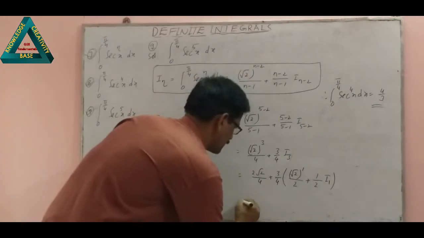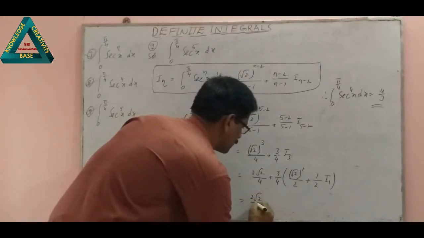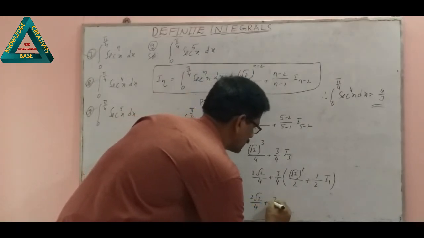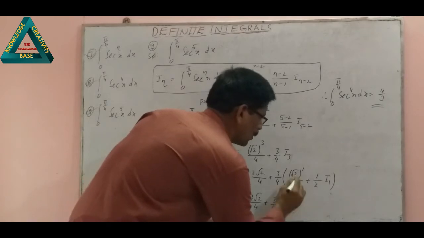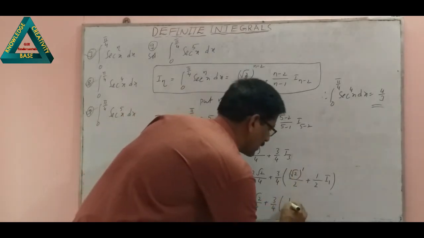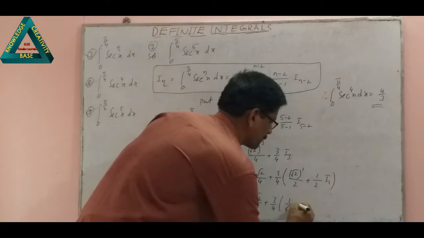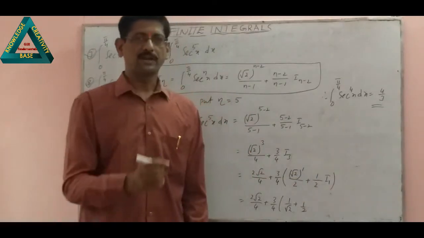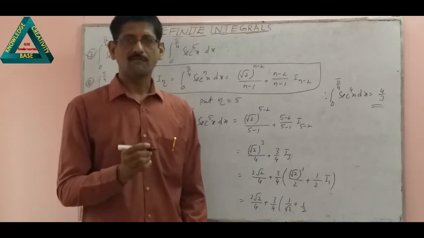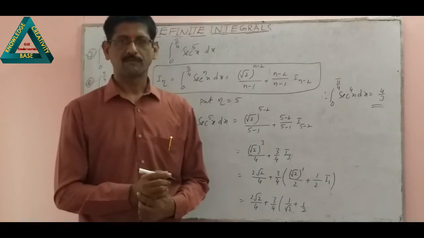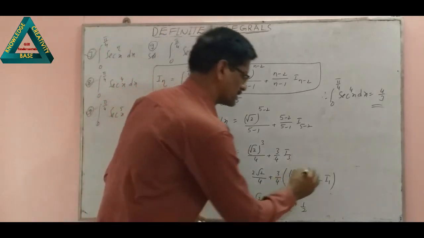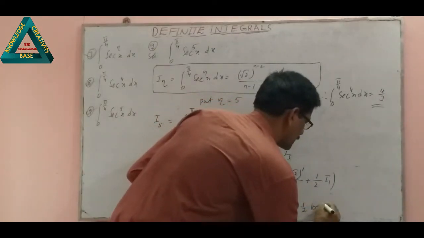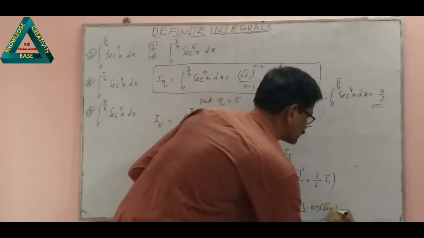That equal to 2 root 2 by 4 plus 3 by 4 into root 2 by 2 and 1 by root 2 plus 1 by 2 into, we know that I1 is equal to log of root 2 plus 1 value. This I1 is equal to log of root 2 plus 1.